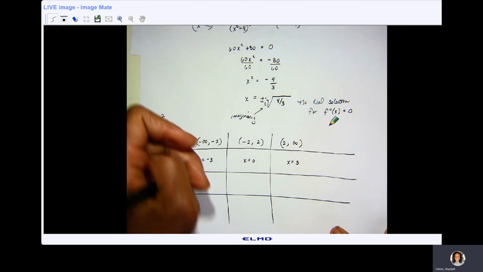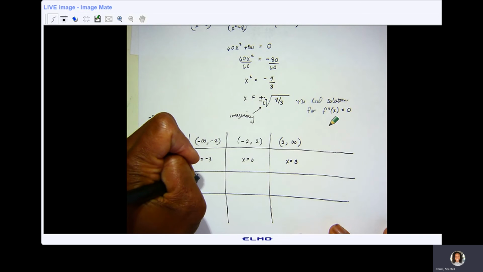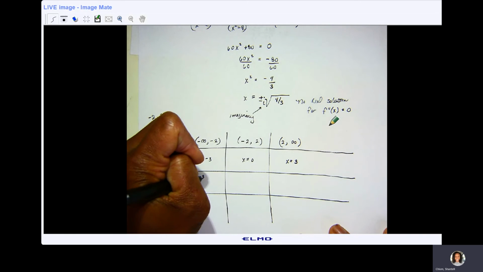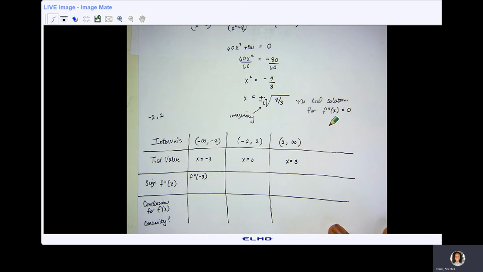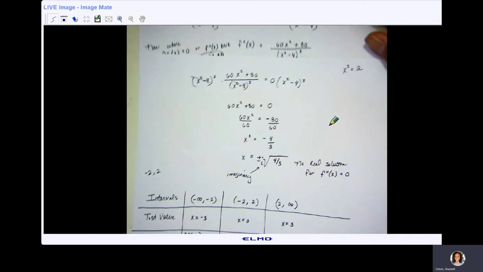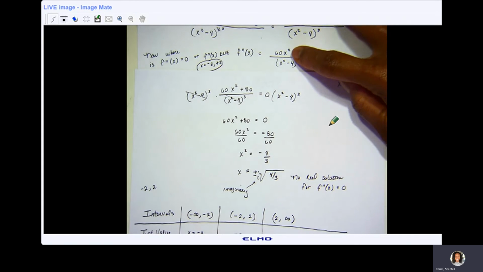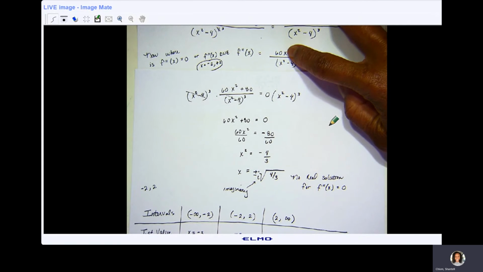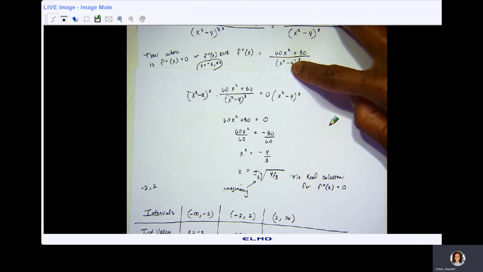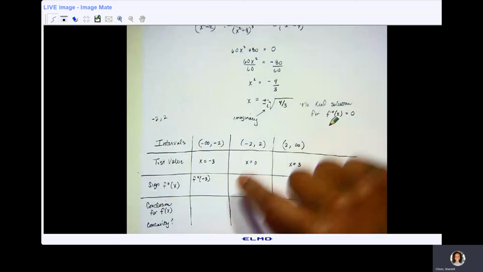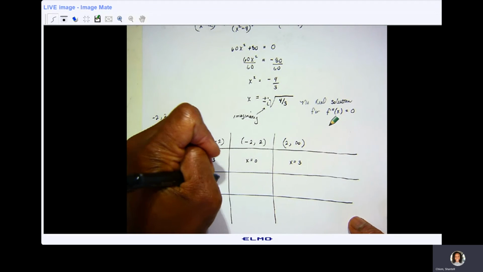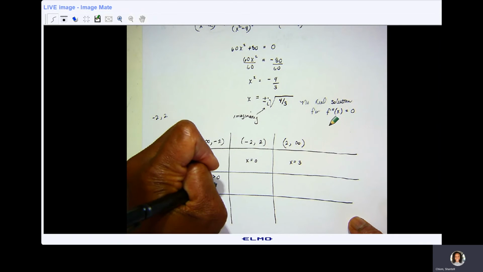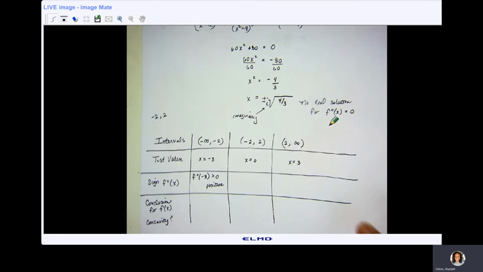Now, when I plug these values in, I'm plugging them into f double prime. And when I plug -3 into f double prime, remember f double prime is right here, I would plug in -3 there on top, and I would plug it in down here on the bottom. When I plug in -3, I get a positive number. Okay?